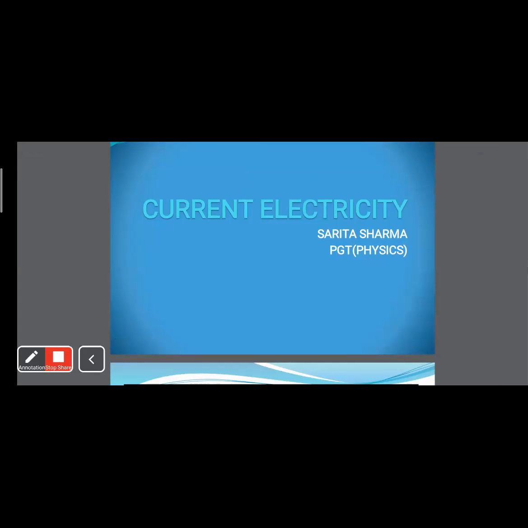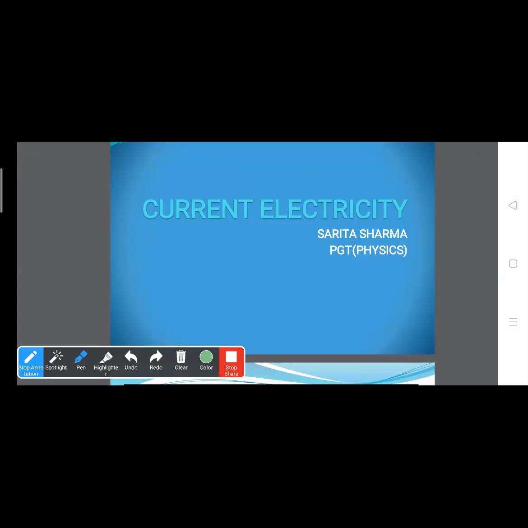If they are held at a distance, say these are two conductors, supported on an insulating stand, there is no flow of charge from one conductor to another, even though a potential difference exists between them.